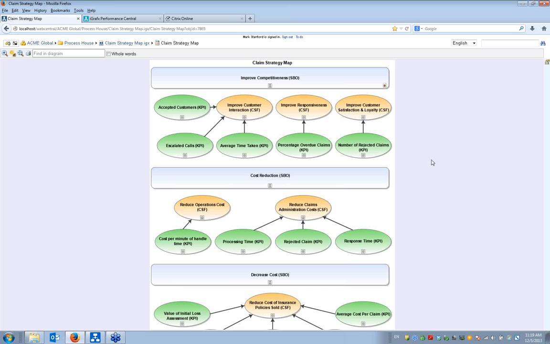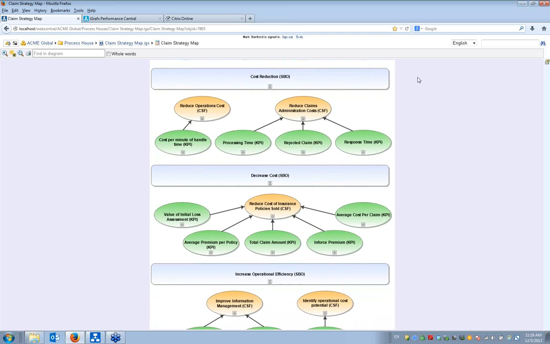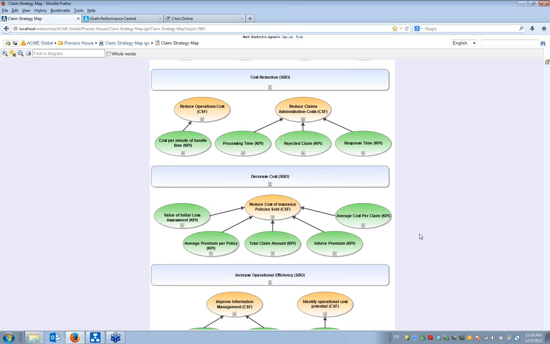Their strategy map, which is visible on my screen right now, shows the strategic business objectives, the critical success factors, and the key performance indicators and how they are related.